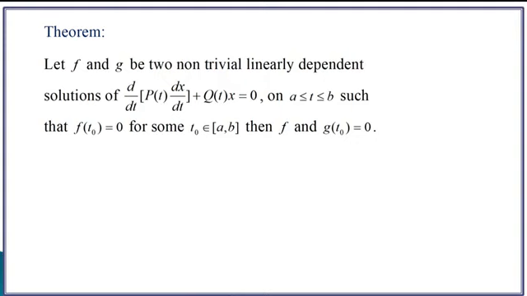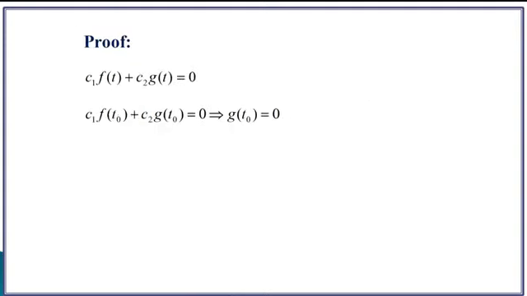So let's see how we can prove it. Since they are linearly dependent, their linear combination can be equal to 0, where C1 and C2 are constants and at least one of them is non-zero. That is the definition of linearly dependent functions. Now, C1 and C2 both have to be non-zero.